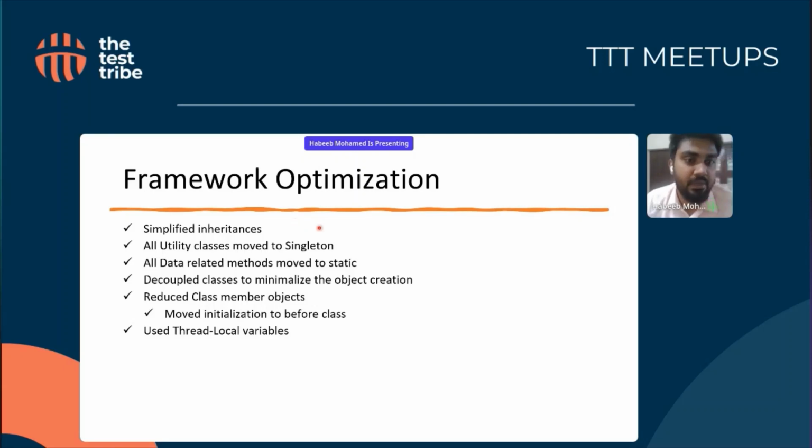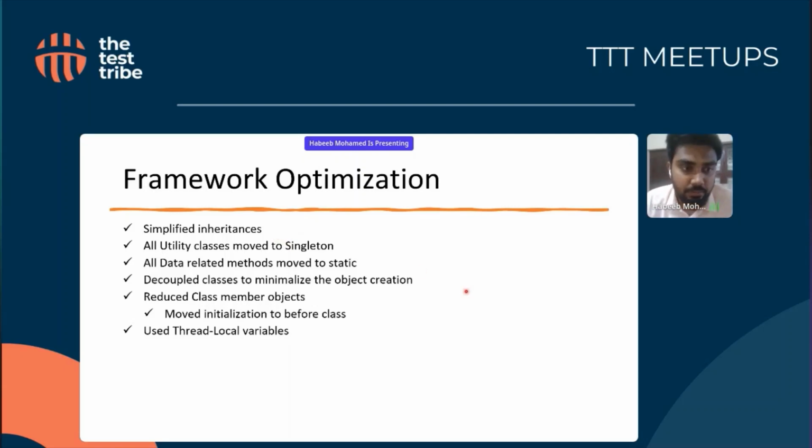So we simplified all the inheritance, and we moved all the utility classes to singleton, since we don't need to create multiple objects for any of the utility methods. And we moved all the test data related methods or variables to static variables. And we decoupled a few classes from object creation. This goes hand in hand with the simplified inheritance.